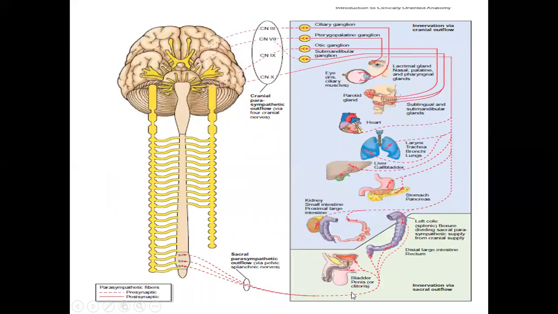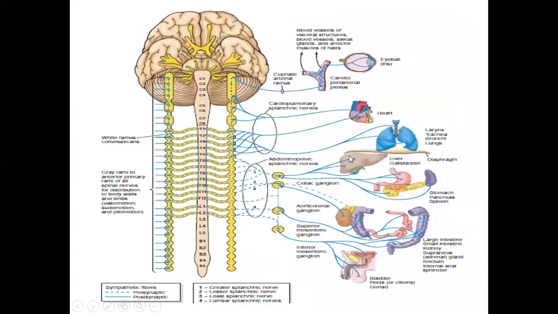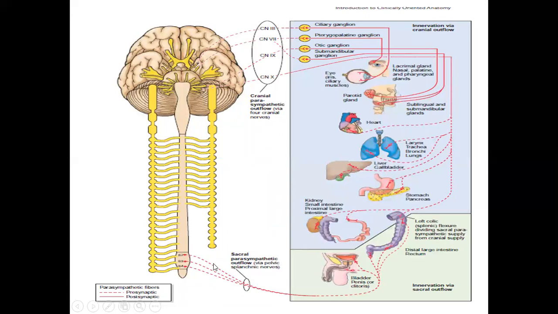The presynaptic is very long, and the postsynaptic is very short here. Here also you see presynaptic and postsynaptic. So these are the two types of autonomic nervous system, sympathetic and parasympathetic. Here you can see this is the sympathetic, and this is the parasympathetic fibers.